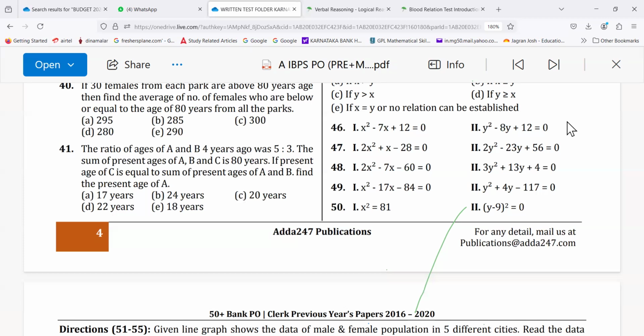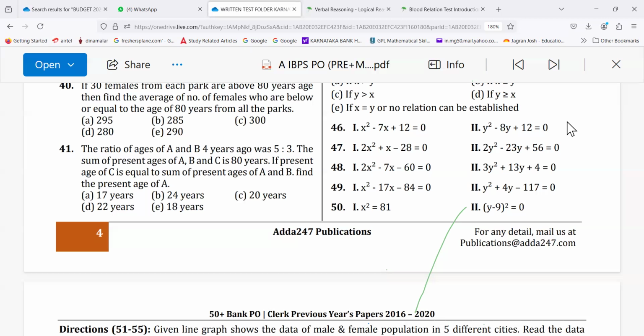Now the question is 41. The ratio of the ages of A and B is 5:3. The sum of the present ages of A, B, and C is 80 years.